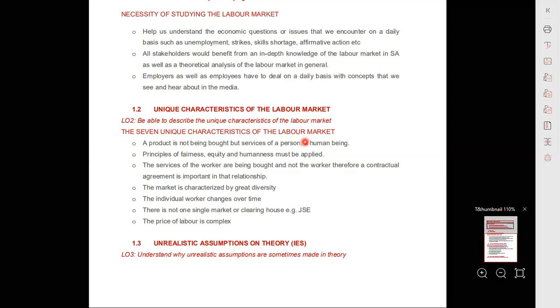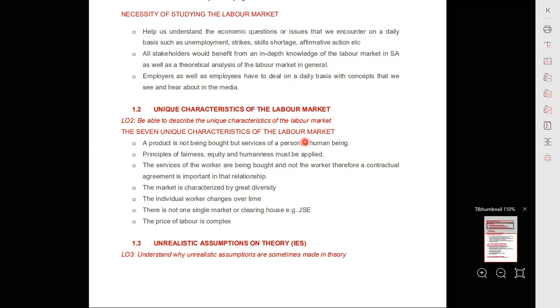But of course, in other circumstances this becomes more theoretical than real. The services of the worker are being bought, not the worker. We are not transacting the worker here, we are transacting the services that the worker can offer.